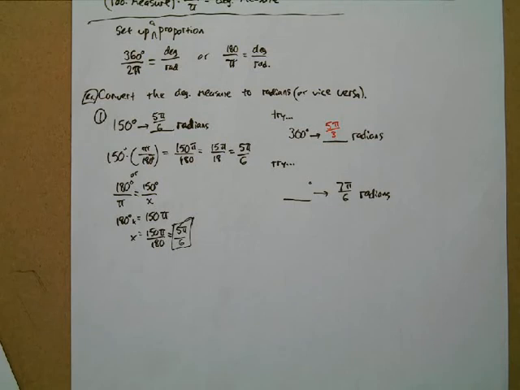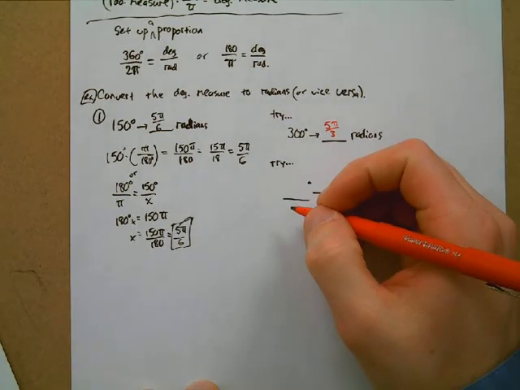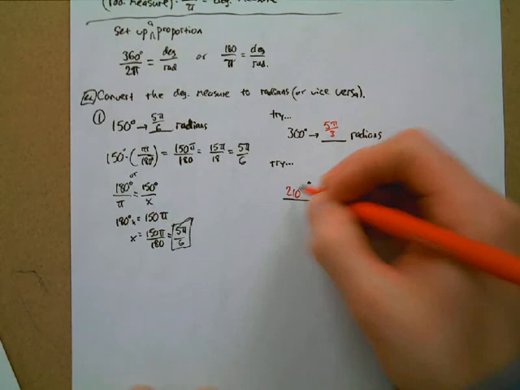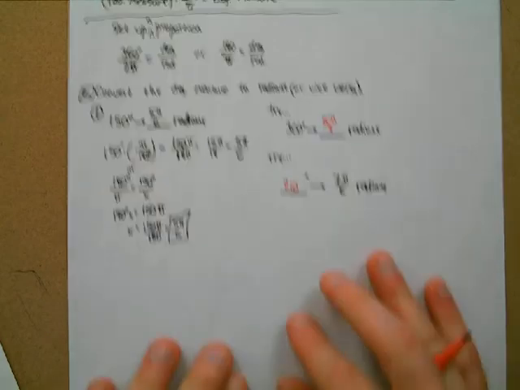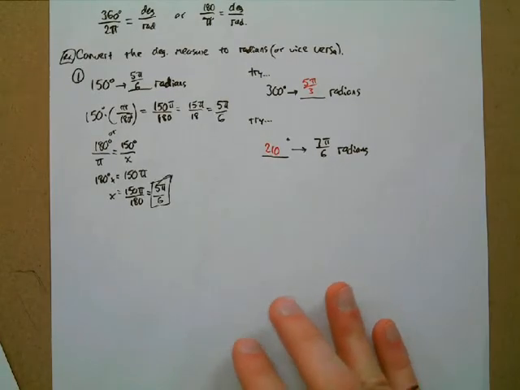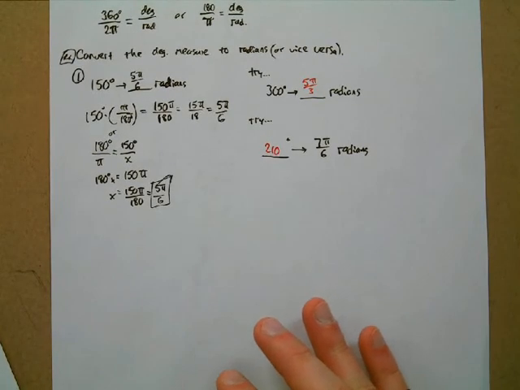Okay, and then equals. Now we don't know our degree measure, so we put the x in the numerator, and the 7 pi over 6 will go in the denominator. We still cross multiply here. Now it's pi times x, so we get pi x equals 180 times 7 pi over 6. Now, 180 is over 1, so to multiply this it's 180 times 7 pi, and 1 times 6.